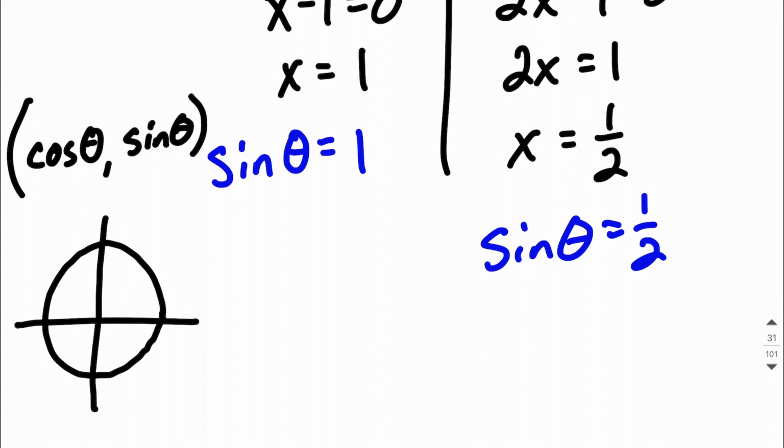So we're looking to figure out what point on our unit circle has 1 for its y value. I think we only have the 1 up here at the top, right? This point up at the top is the ordered pair 0, 1. So we have to pick out the angle that corresponds with going 90 degrees, going up here.